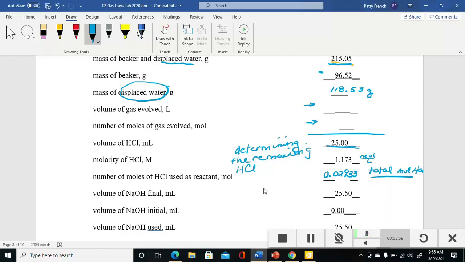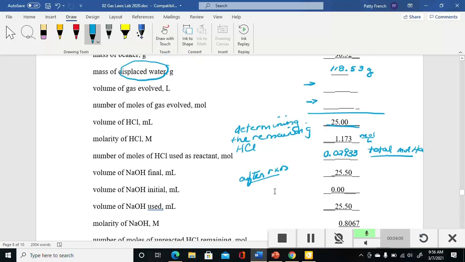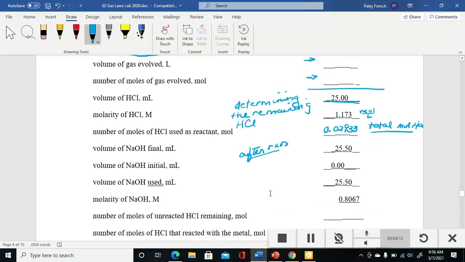Now, after I did the reaction, we titrated the remaining HCl that was in that flask, the amount of HCl that did not react with the metal. To do that, we titrated it with NaOH. And that was simple. We ended up using 25.50 milliliters of NaOH to titrate the remaining HCl.